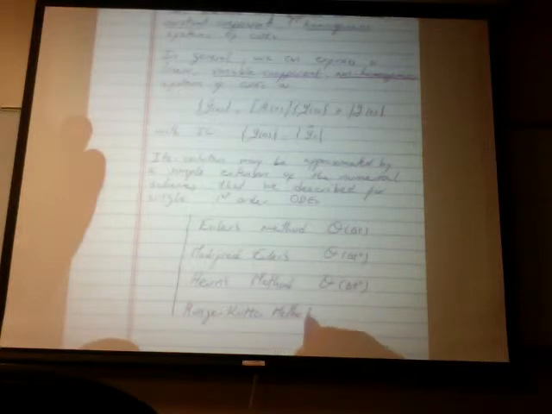So the error will decrease as fast as you decrease delta t squared. Order delta t squared. And finally, remember Runge-Kutta, which is order delta t to the fourth. So this actually converges to the solution much faster.